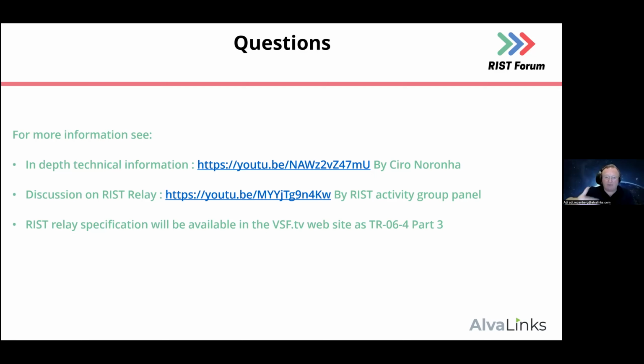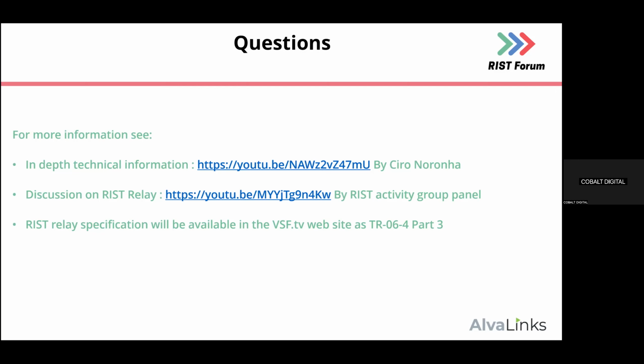When you go to another subnet, you just reconnect to the RIST relay and the connection will continue from that point on. You can have multiple connections, so when you move, it would just jump between connections. So it gives you much more capability to continue and establish the service as needed.